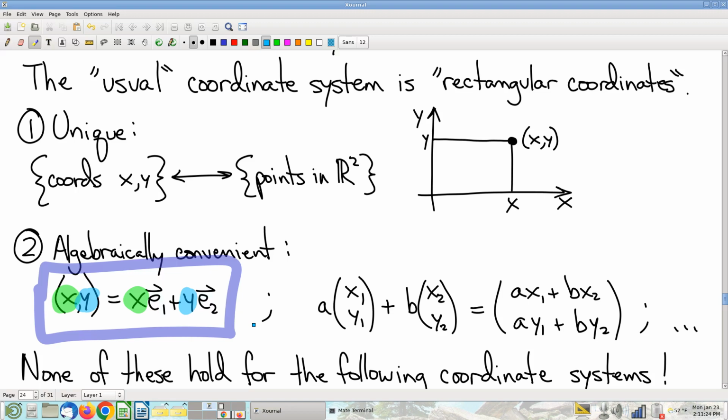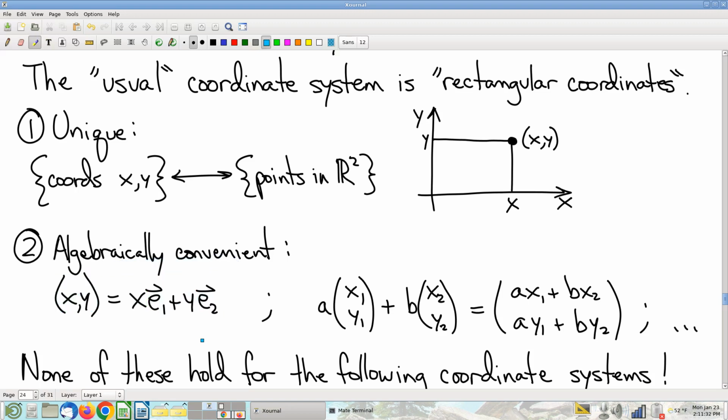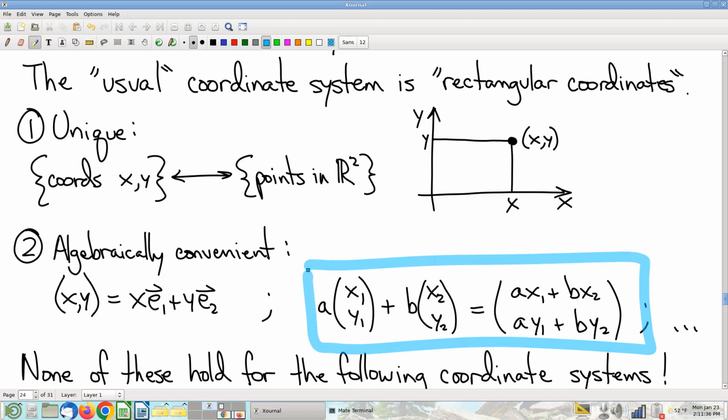So coordinates are coefficients. That's a super convenient algebraic fact. And also, a sort of generalization of that: if you have a linear combination of any vectors, you can compute the linear combination by just taking the linear combination one at a time in the coordinates. Super handy. So, gotta love rectangular coordinates.